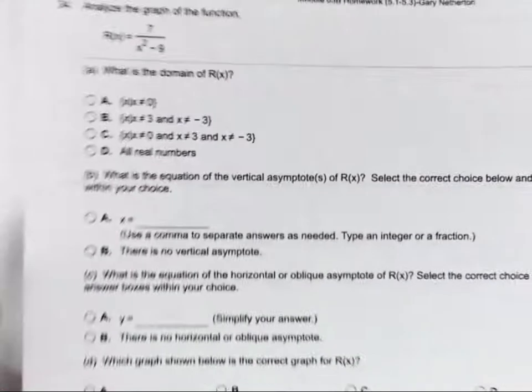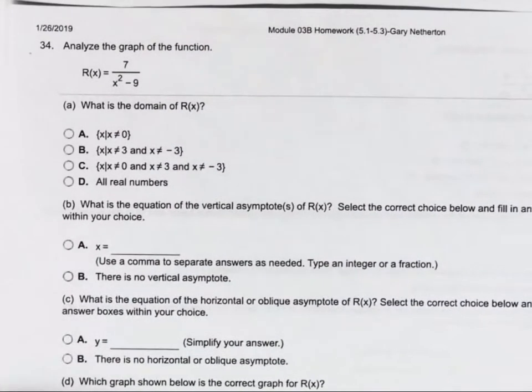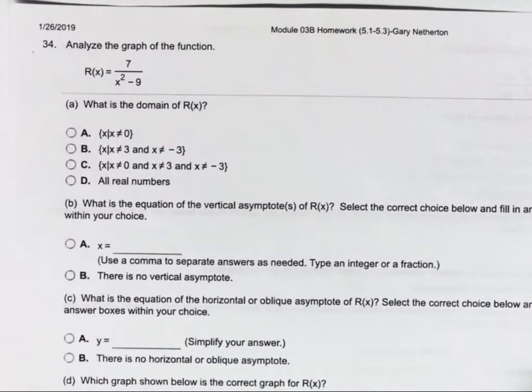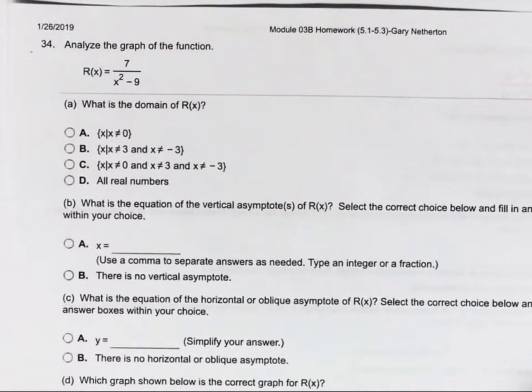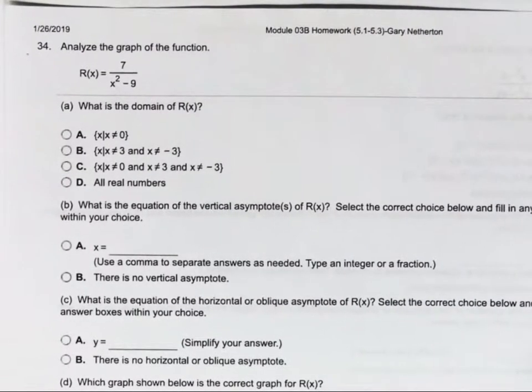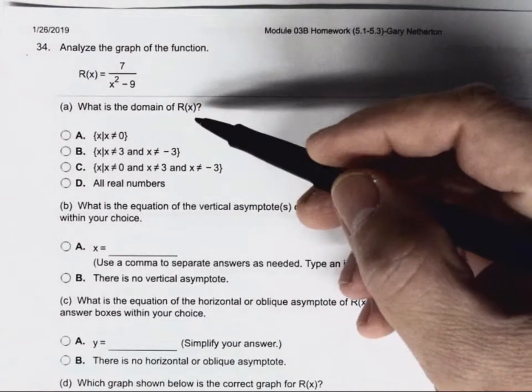Hang on a second, let me find the ones I want to do. Let's do this one. Seven over x squared minus 9. What's the domain?